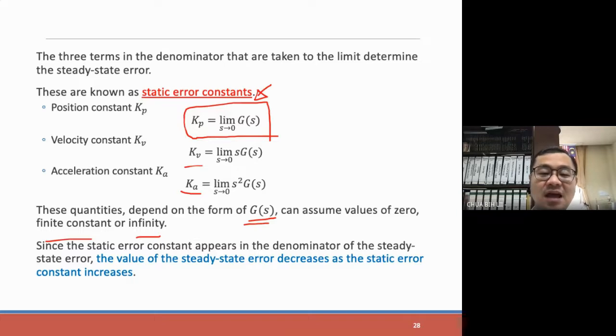And if you have this value very small, then you will have a so-called infinite error. So the static error constant appears in the denominator, telling you how it may affect, right, the inverse proportional relationship between the steady state error and the error constant.